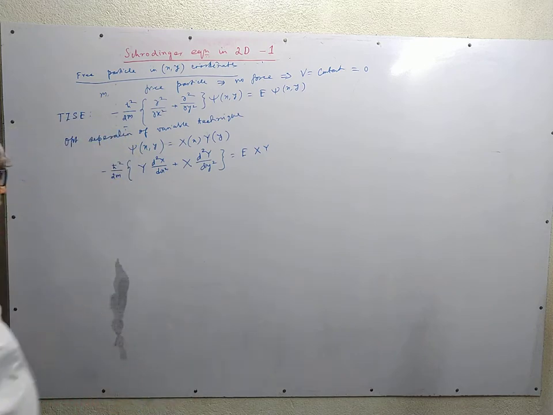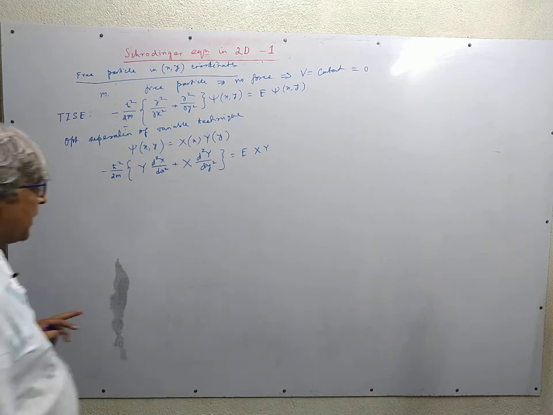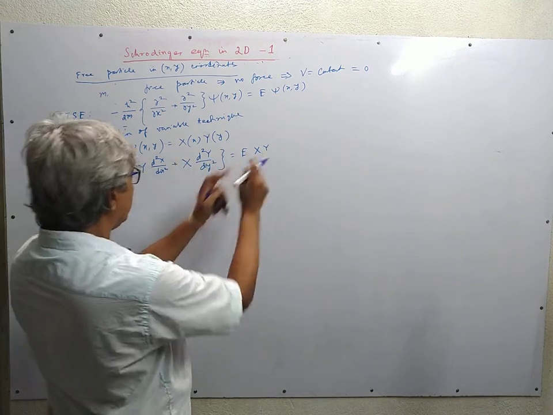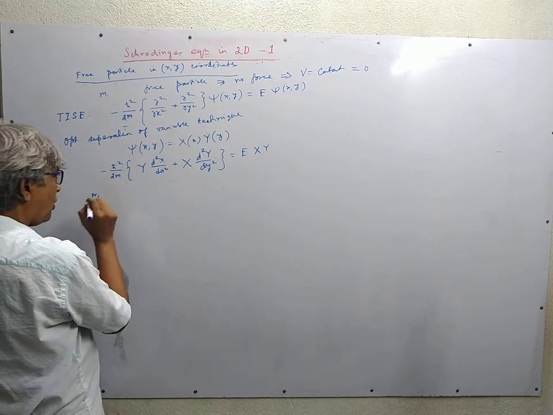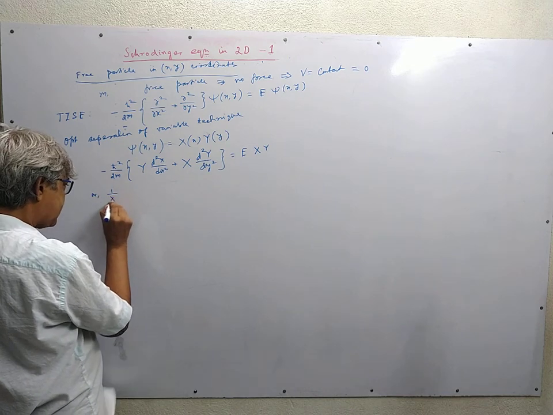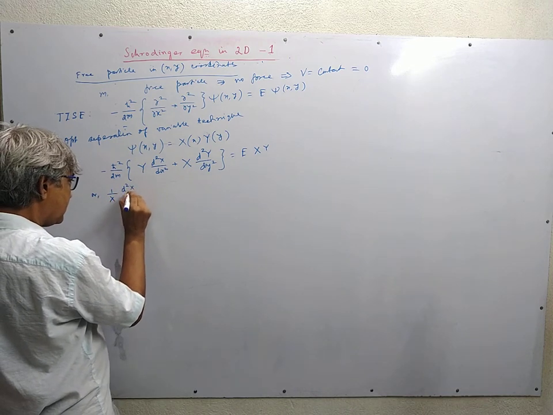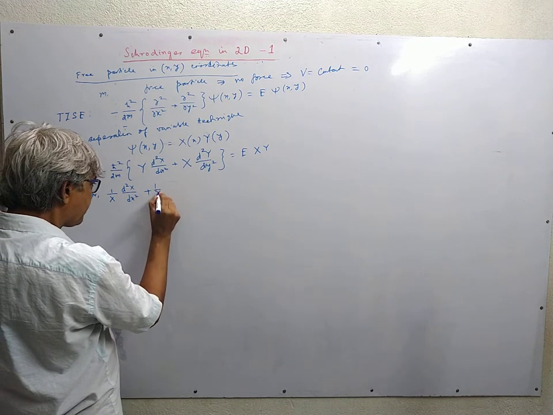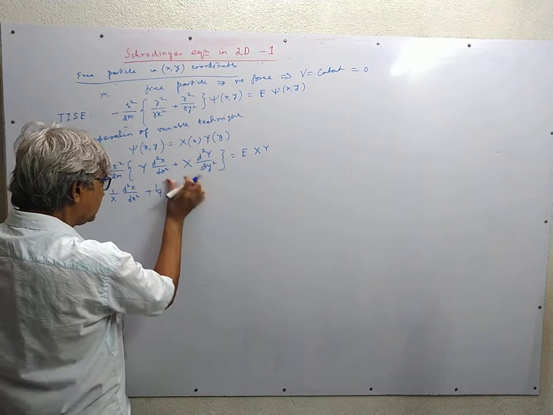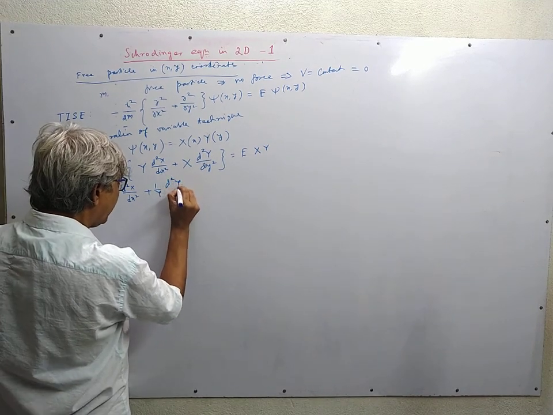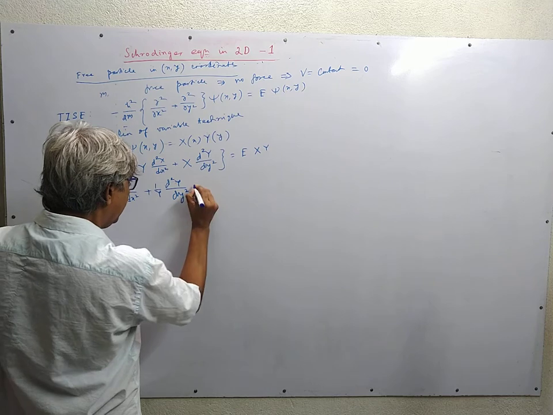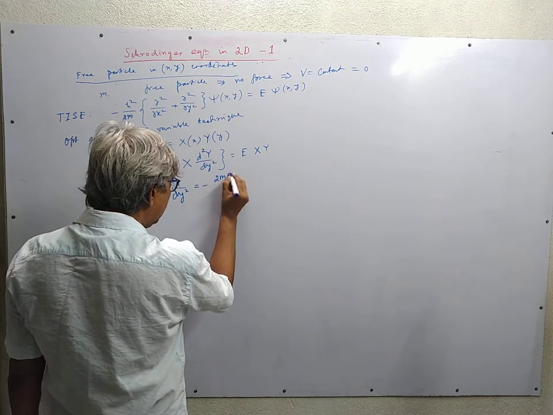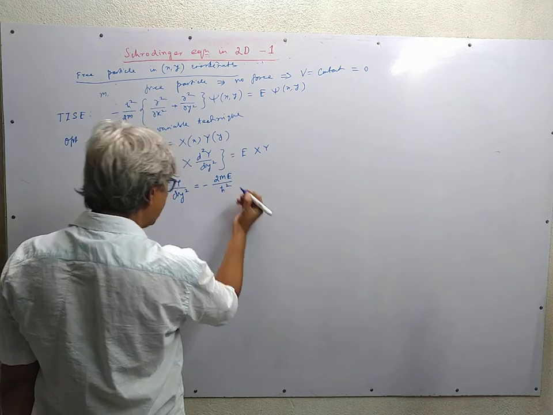For non-trivial solution, we divide both the sides by capital XY, or we get 1 by X d2X dx2 plus 1 by Y d2Y dy2 is equal to minus 2m E upon h bar square.